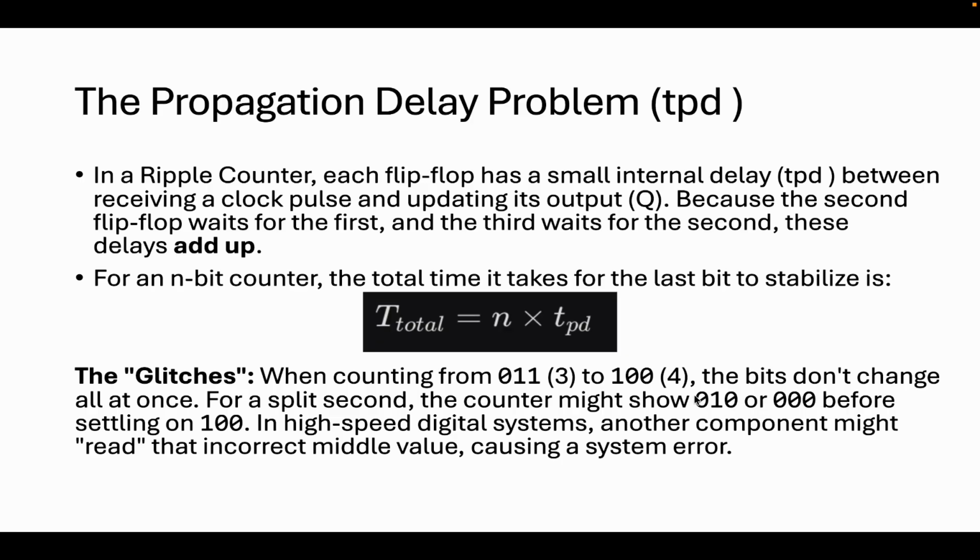Means you have given the clock pulse, but it is still getting updated. It's on the way to getting updated. At that time itself, it may take it as output due to the speed. Before settling, it will become this. So in high speed, if you're working on high frequency systems, it can cause an incorrect intermediate value, causing a system error.